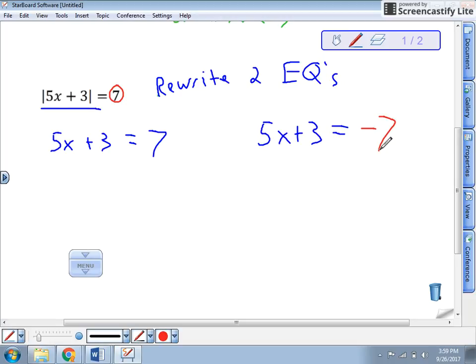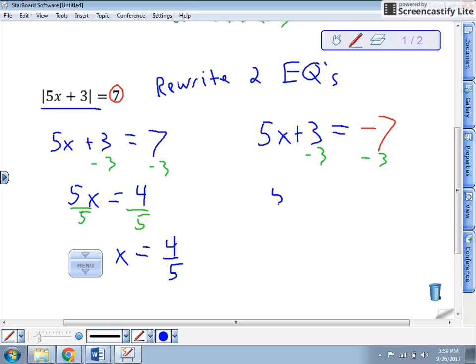We're going to subtract 3 from each side. Subtract 3 here, subtract 3. So we're going to get 5x equals 7 minus 3 is 4. And then we're going to divide by 5. Divide by 5. So one answer is going to be x equals 4 over 5. That doesn't reduce. All right. Our second answer is actually going to be the same steps. We're going to subtract 3, and we're going to divide by 5.